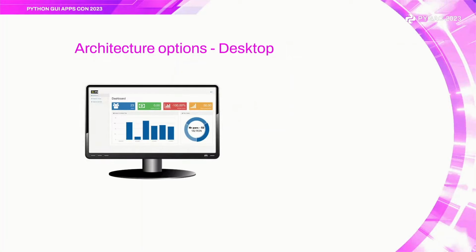Okay, and for the next architecture option, we have desktop. Yes, another animation. Desktop has the pros that it can run very fast, and for complex processes, it runs locally and can deliver a good response to our users, and can be very small if you choose the right things.